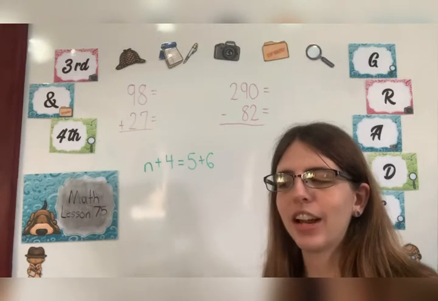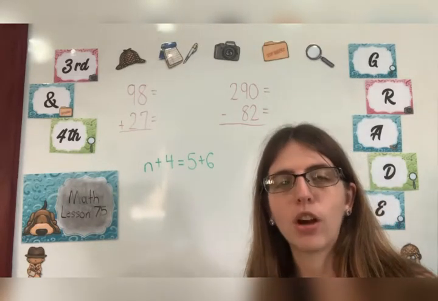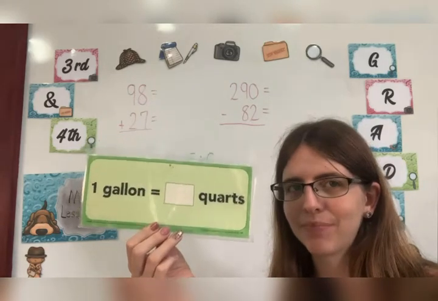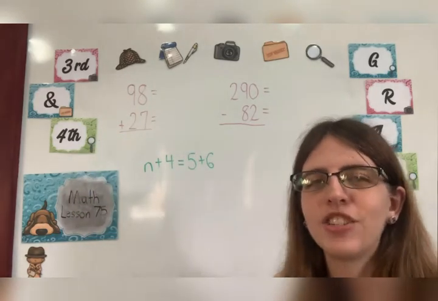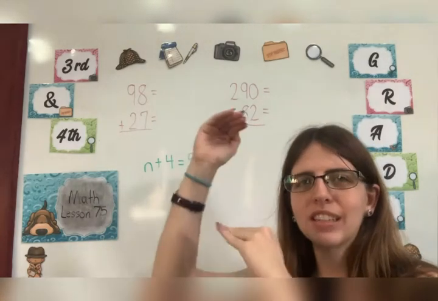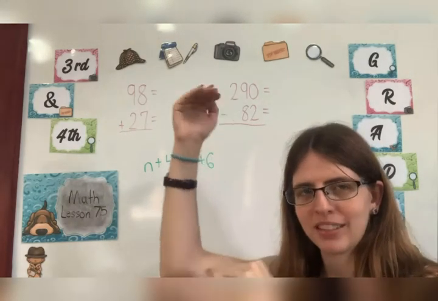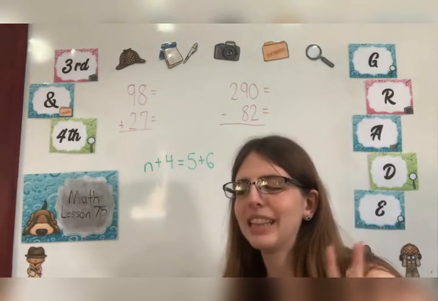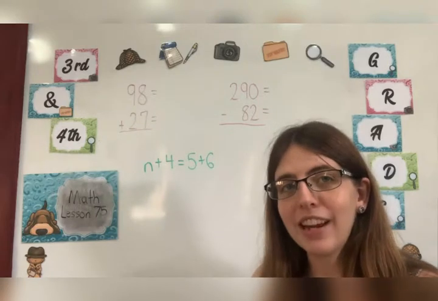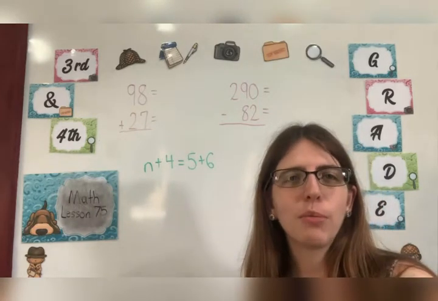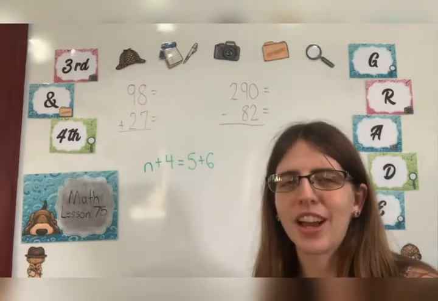Now a liter is just a little more than a quart. Remember, there are 4 quarts in a gallon. So a liter is just a little bit bigger than a quart. It's like one of those glass bottles, the big bottles of Coke. All right, that would be about what a liter is. Now liters are metric units, and you'll learn more of what that means another time, okay?